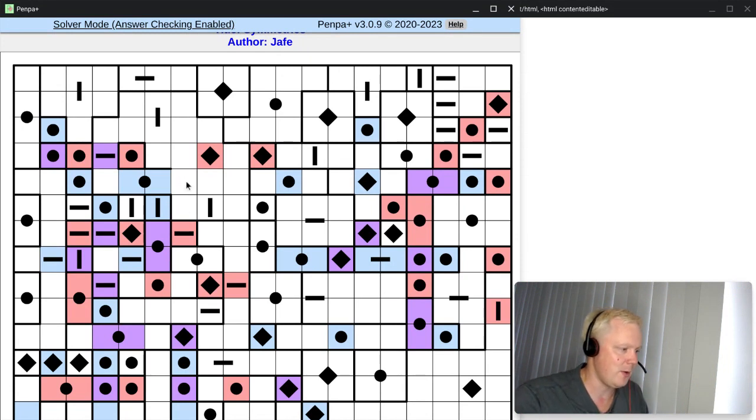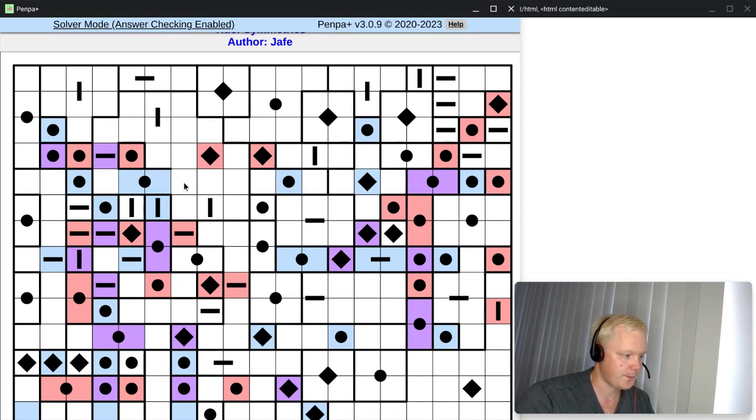Maybe there's another way. Maybe we can look at what this cell can be part of. Like, can it be part of the dot, or does it have to be part of this? Now, if it can't be part of the dot, we can draw this line and this line. So it can't be part of this diamond because there's a counterpart cell here which can't be part of the diamond. It can't be part of this bar because the counterpart cell would be here. That's not available. It can obviously be part of this horizontal line, but can it be part of the dot here?